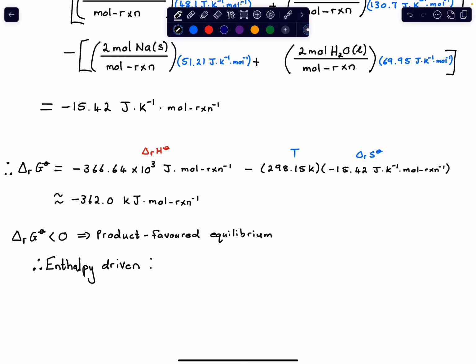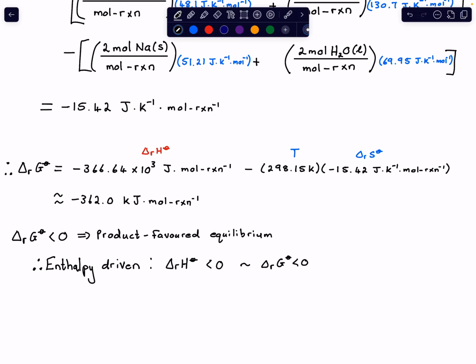The first reason is that delta RH naught is negative, and that is linked to the fact that delta G naught is also negative. In other words, the reason delta G naught is negative is because delta H naught is negative.